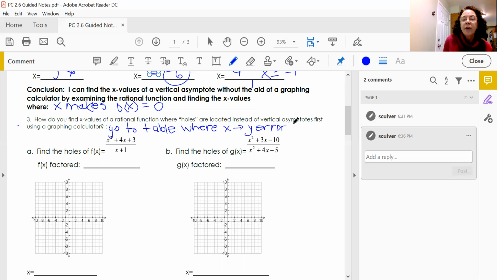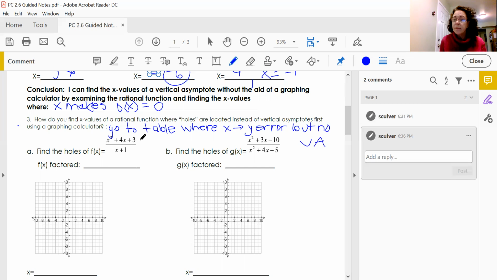But there's no VA there. If you go to a table and look at the x's where the VAs are, of course it will say an error because the graph is approaching that x value but is never hitting it.